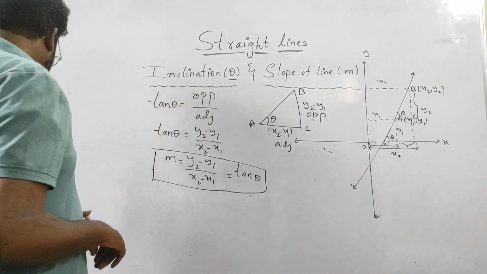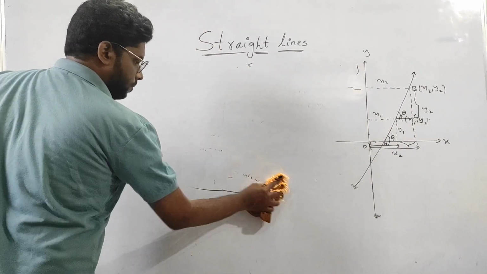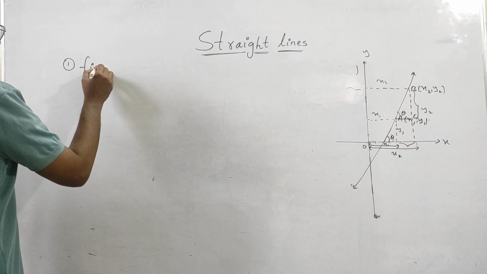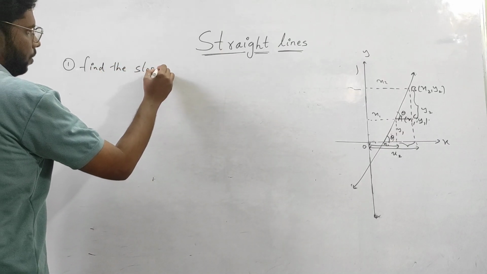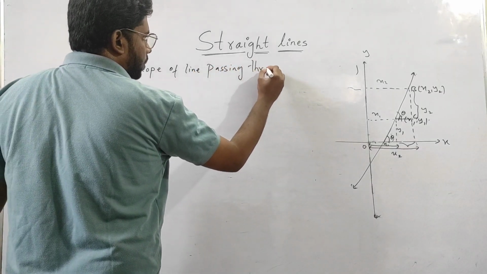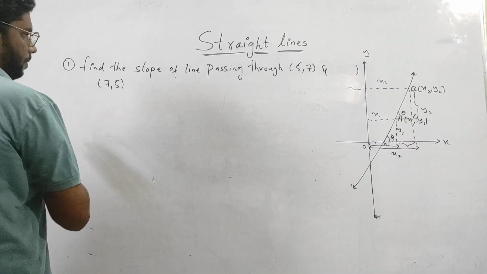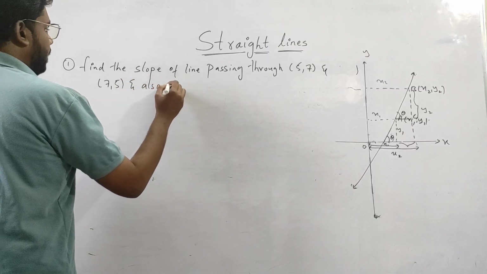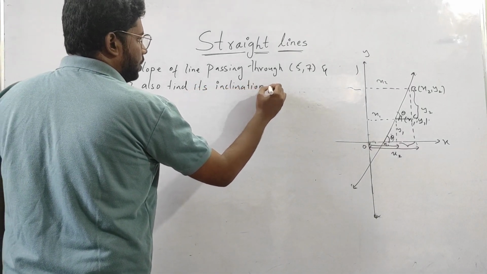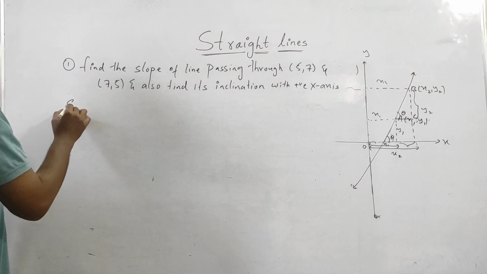Now let's see one example. Find the slope of the line passing through (5, 7) and (7, 5), and also find its inclination with the positive direction of the x-axis.